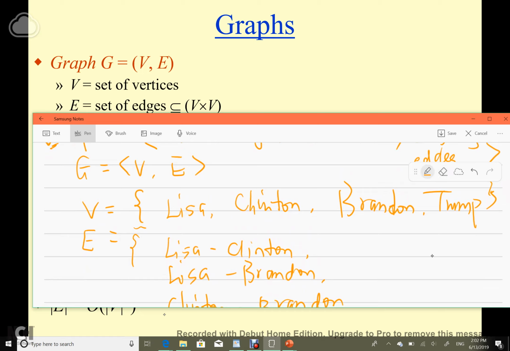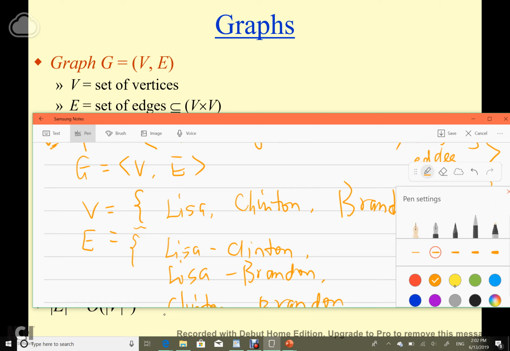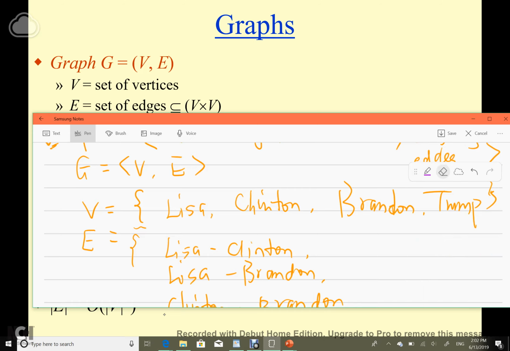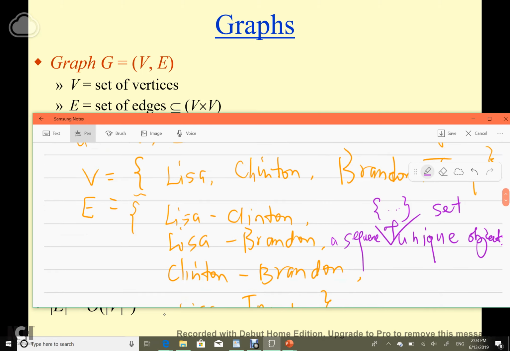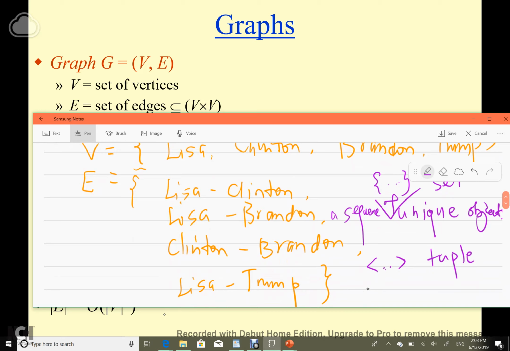This corresponds to a set of unique objects, right? And we use this one to represent a tuple, corresponding to order is important, right?